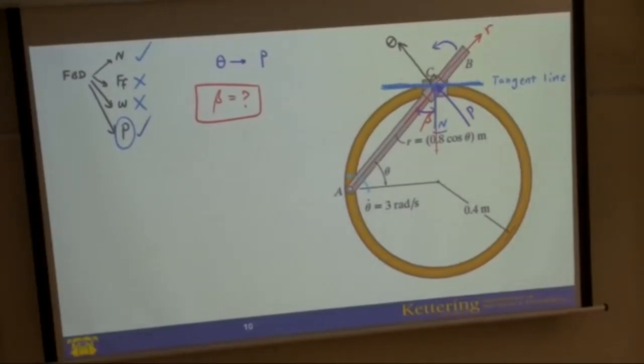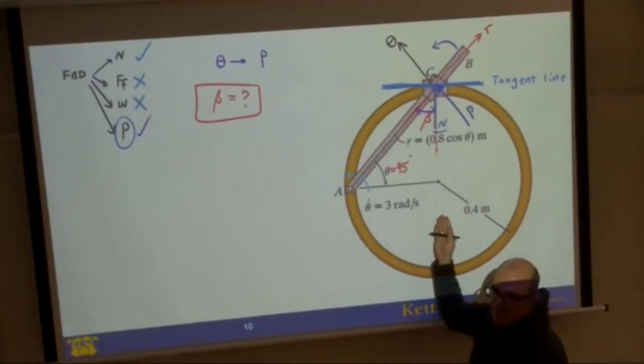How much is beta? If this is the motion and this angle is 45 degrees. How much is beta? 45. Other students, do you agree? This is a 90 degree angle.